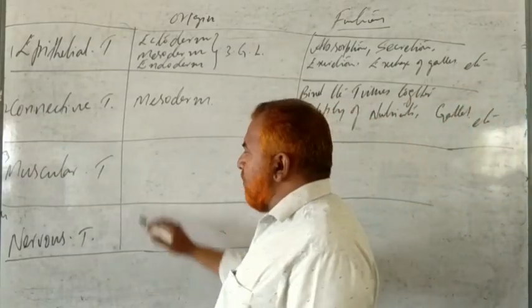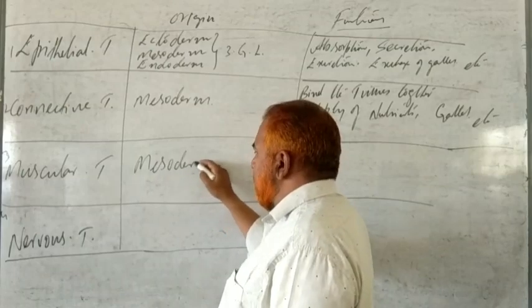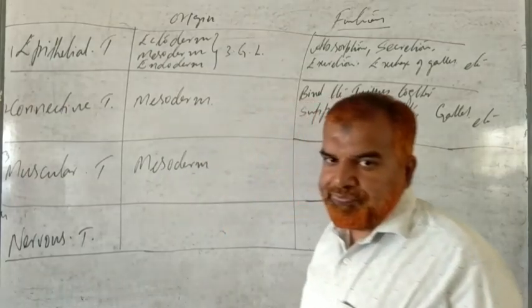Then muscular tissue. What tissue? Muscular. This also arises from mesoderm. Which layer? From mesoderm.